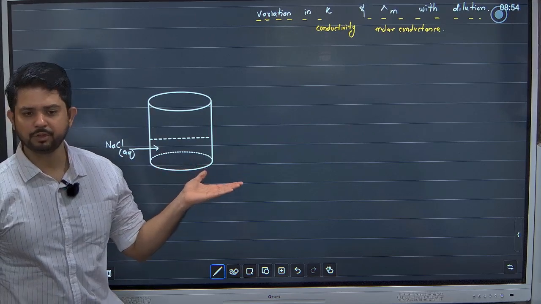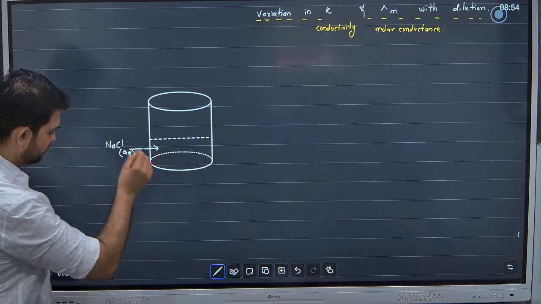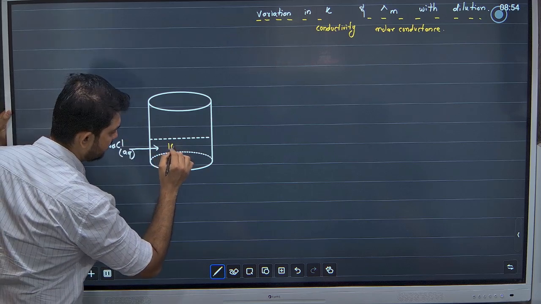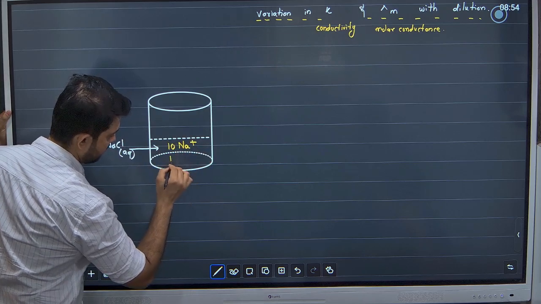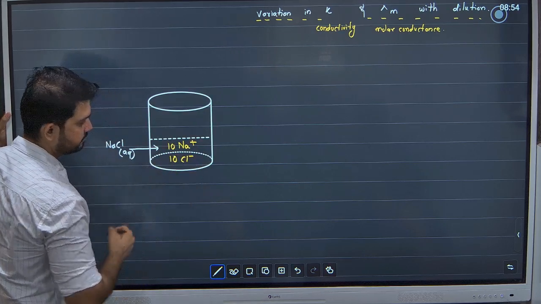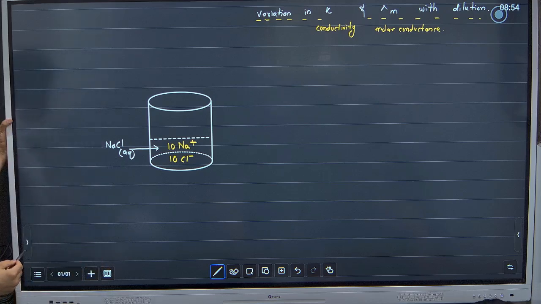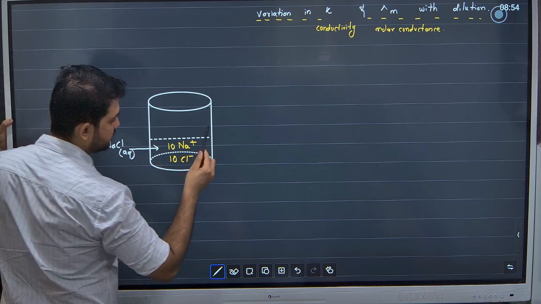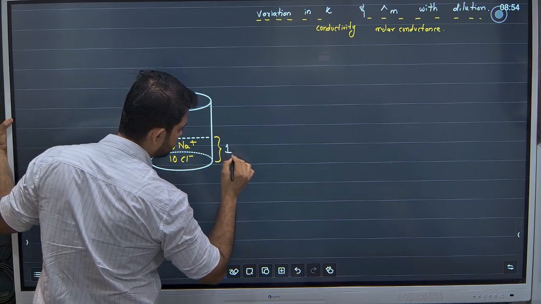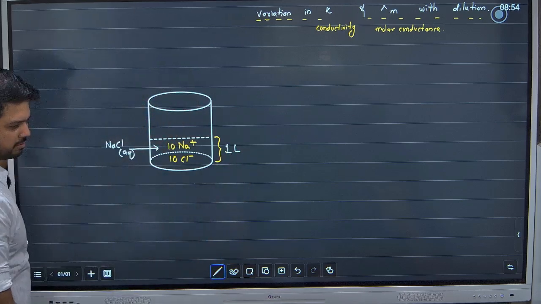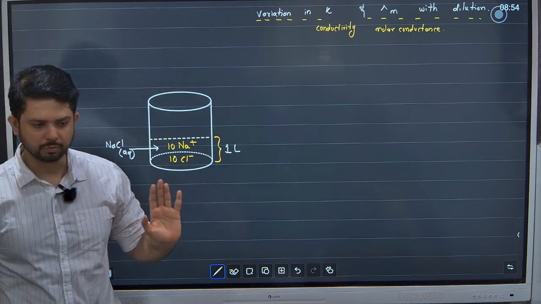And I am giving a hypothetical value that इसमें, let's say there are 10 ions of Na plus and 10 ions of Cl minus, and this is some volume. One liter, 1 centimeter cube, कुछ भी बोलो.